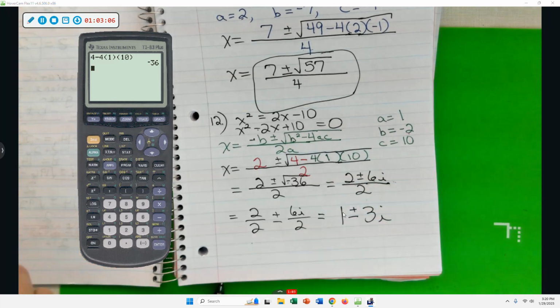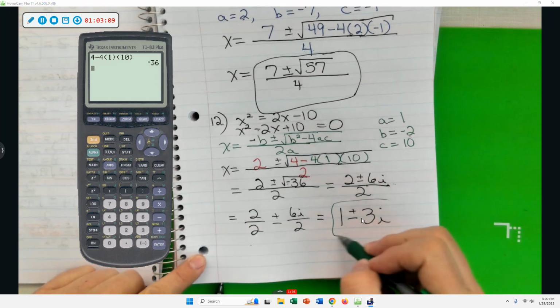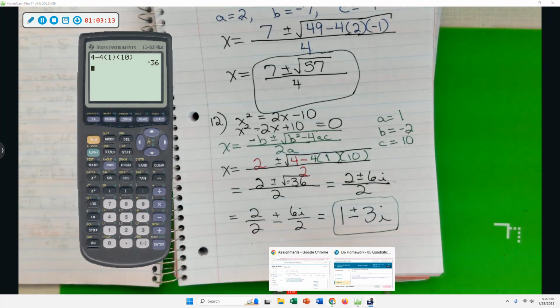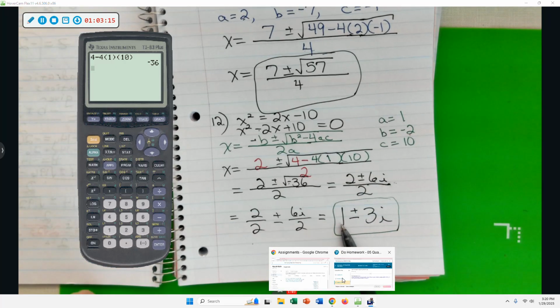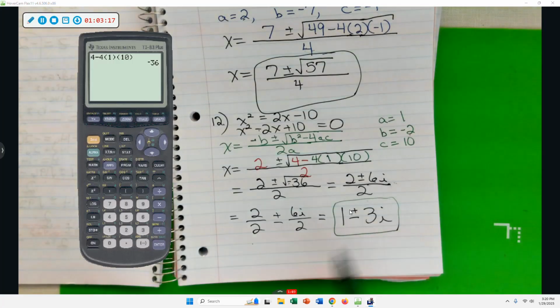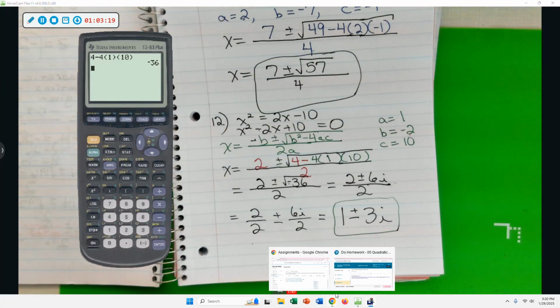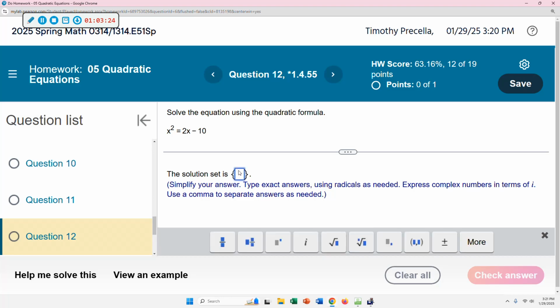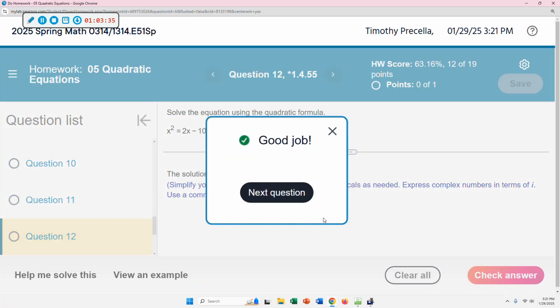Good. Can I get a 4 out of that? The 1 plus 3, can I make that a 4? No, you cannot. You cannot combine the thing without the i with the thing that has an i, just like you can't combine something without an x to something that has an x. 1 plus or minus 3i. Check the answer. Okay. It's that.